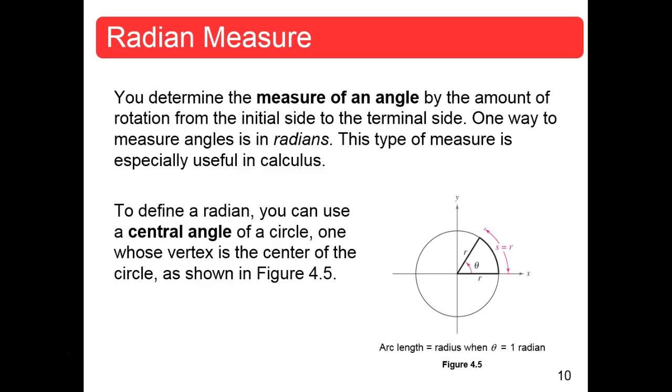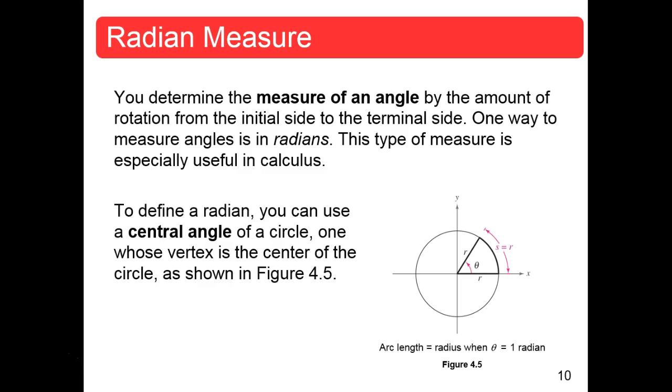Now, we know this is the angle, and the most common symbol for angle is theta. There's your angle theta. Now, for that angle theta to be 1 radian in extent, here's what has to happen.